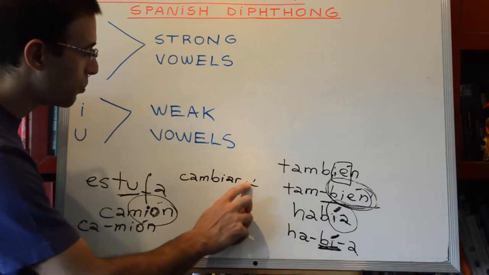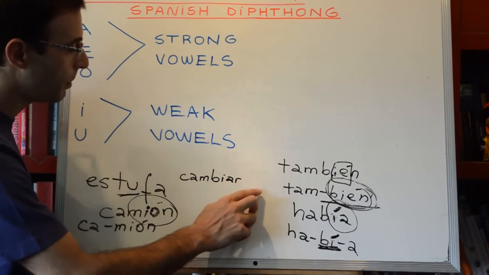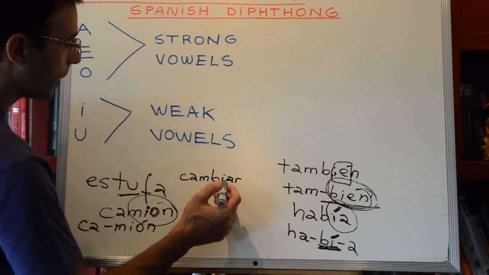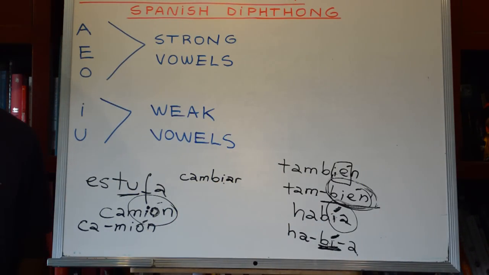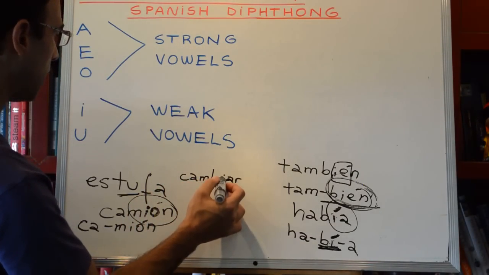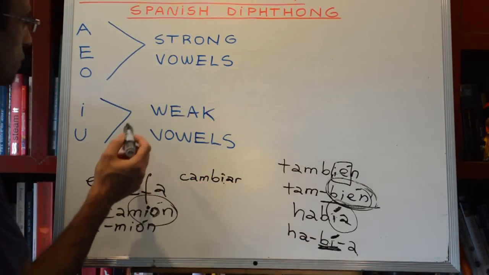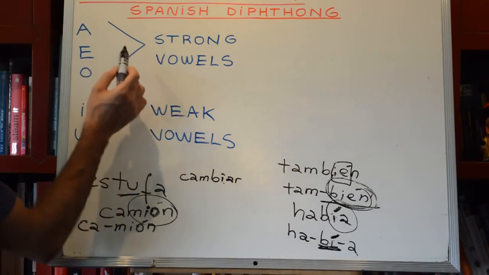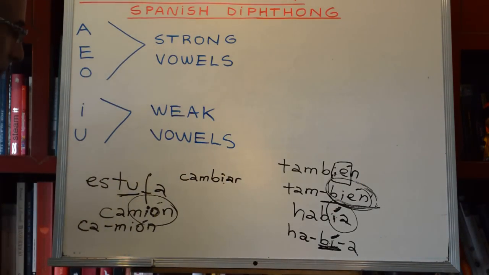Or to change something, it's simply cambiar, right? Let's see if this is a diphthong or a hiatus. We have the vowel I, which is a weak vowel, and we have A, which is a strong vowel, okay?